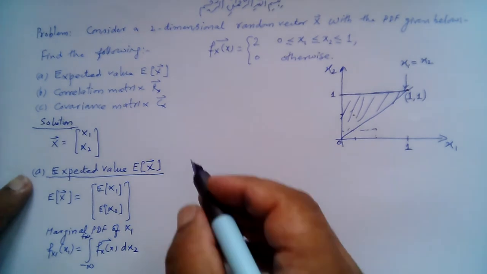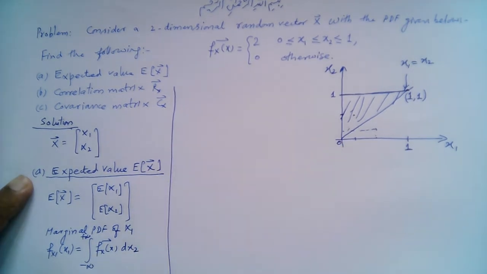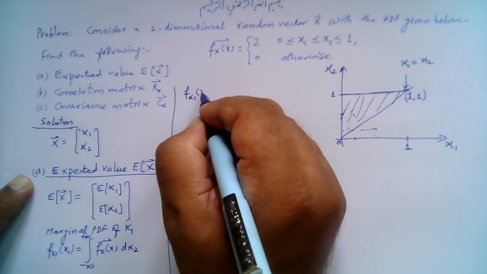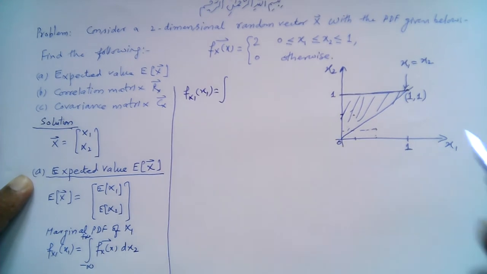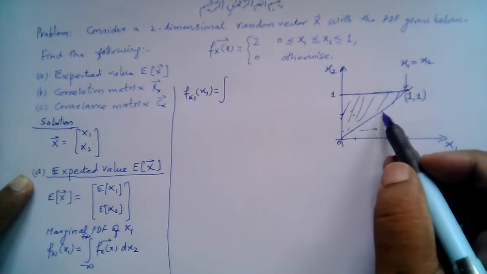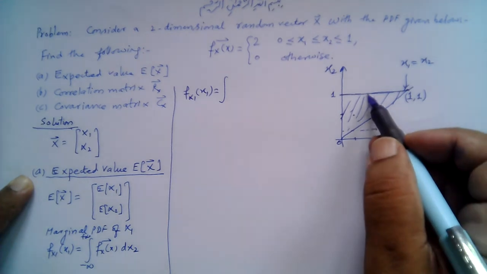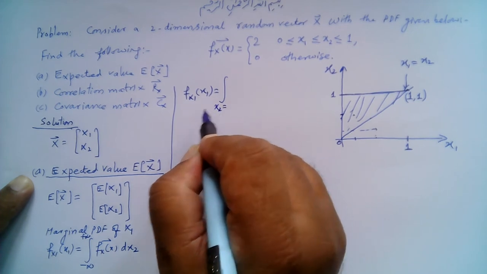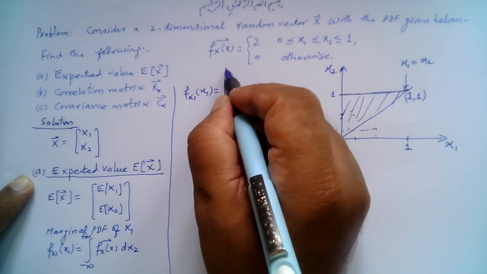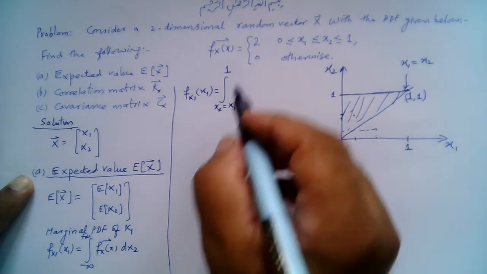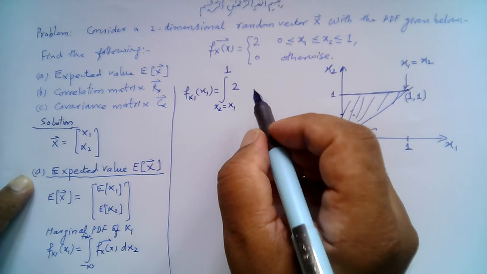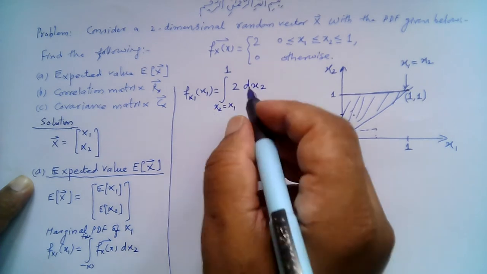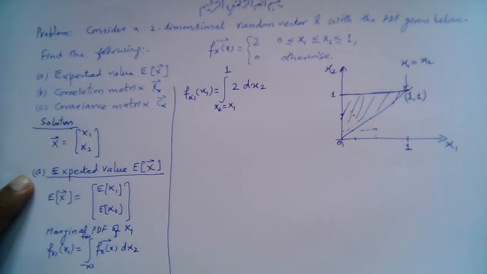So in our case, the limits for x2 will be from x2 equal to x1 here to x2 equal to 1 here. So x2 from x1 to 1, and the value of the PDF is 2, and we integrate with respect to x2. So with this integral we can get the marginal PDF of x1.